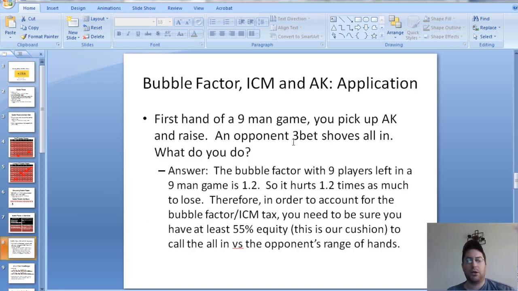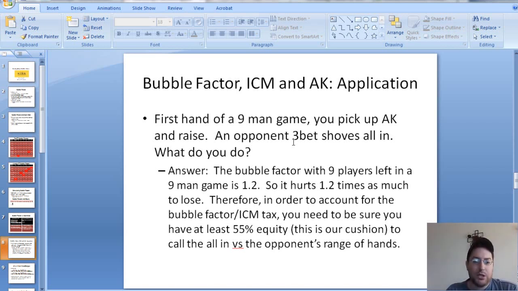So here's a quick example of the bubble factor, ICM, and Ace King in the first hand of a game, like I mentioned before. Let's say you have Ace King in a 9-man game, and an opponent 3-bet shoves you all in. As we said, the bubble factor with 9 players is about 1.2, so it hurts 1.2 times as much to lose.